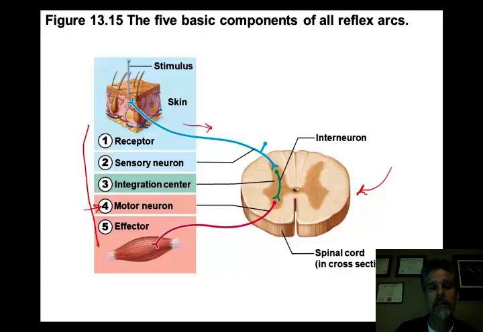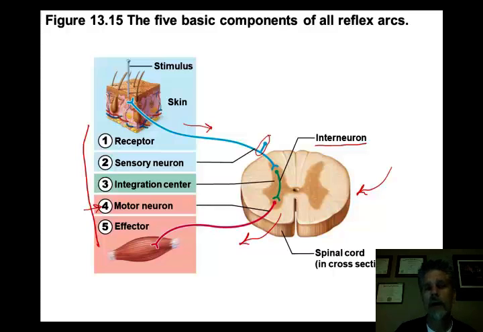We can see how it's a unipolar neuron. Remember, we often have that dorsal root ganglion housing those soma or cell bodies. Then it comes in and often synapses with an interneuron. The interneuron is the simplest way to make the decision, the integration center. And then the motor neuron, the efferent neuron, comes out.